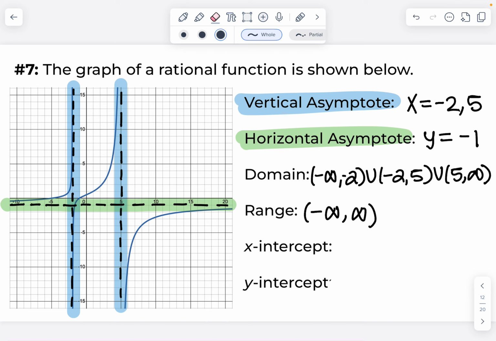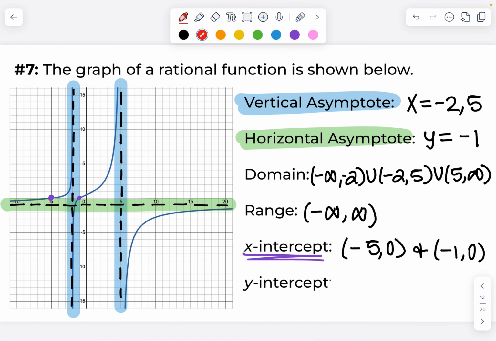My x-intercept, if I think about where that is on my graph, is where I cross my x-axis. So I have a point right here and I have a point right here. So that's going to be at -5 and then -1. So (-5, 0) is the coordinate, and then (-1, 0) is my other coordinate for those x-intercepts.